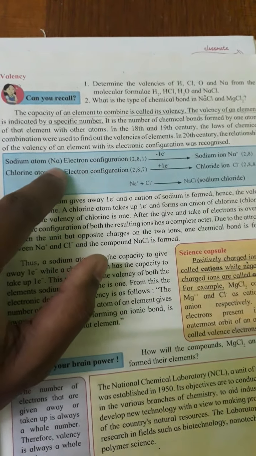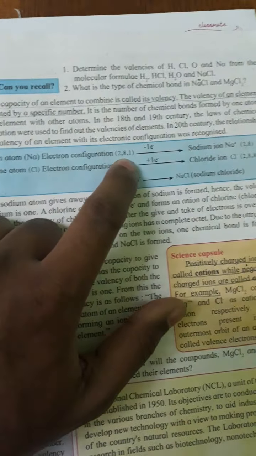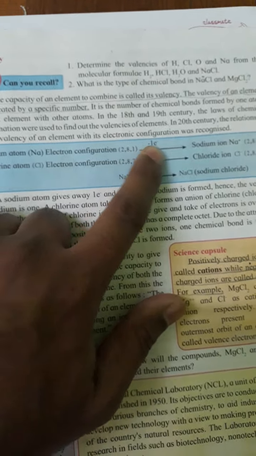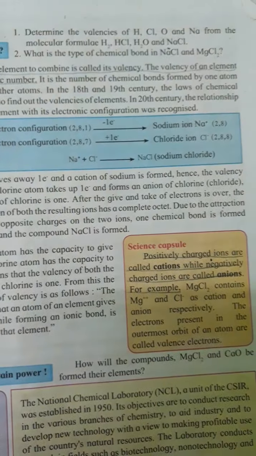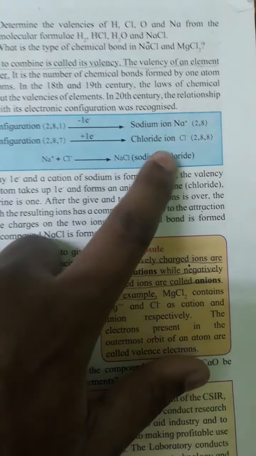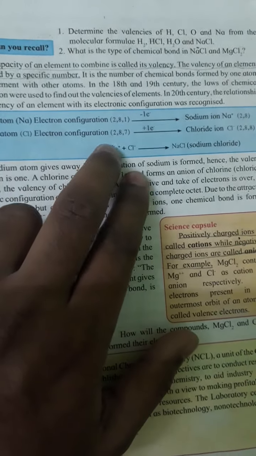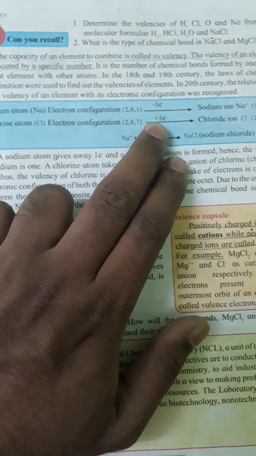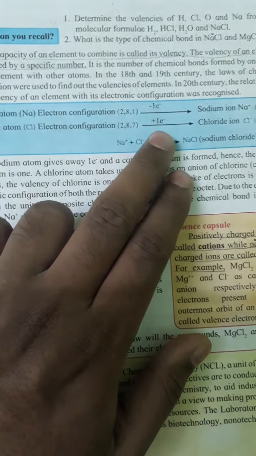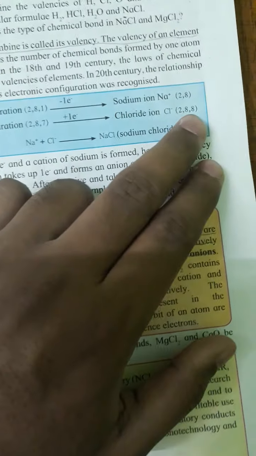Sodium atom has electronic configuration 2,8,1 and after losing one electron it forms Na plus, that is 2,8. Chlorine has electronic configuration 2,8,7, so it gains one electron to become 2,8,8, which is stable.